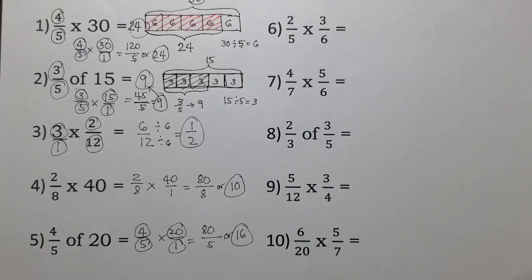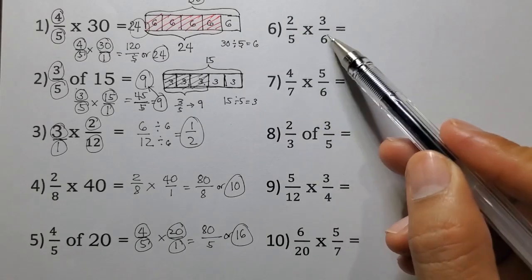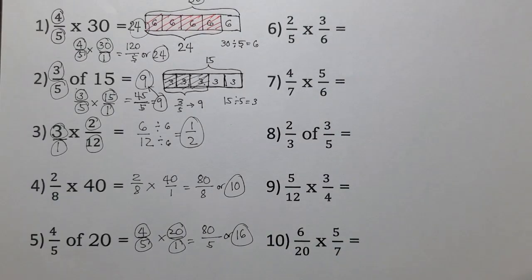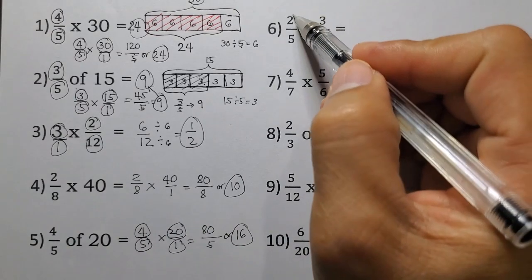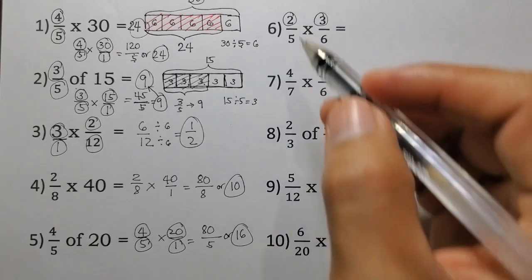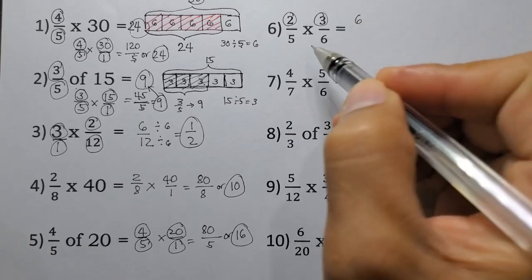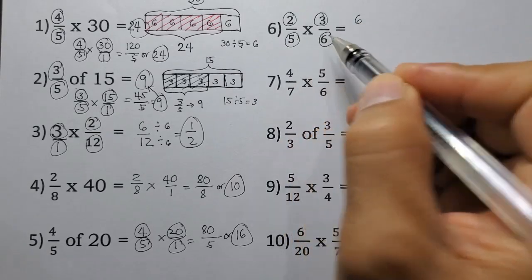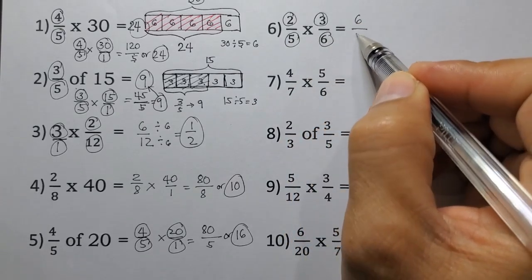Allow me now to show you how to multiply a fraction by another fraction. I think this one is easier than what we have here, because all you have to do is just multiply numerator by numerator, then denominator by denominator. So all we have to do here is to multiply 2 and 3, that will give us 6, and 5 times 6, which is equal to 30.